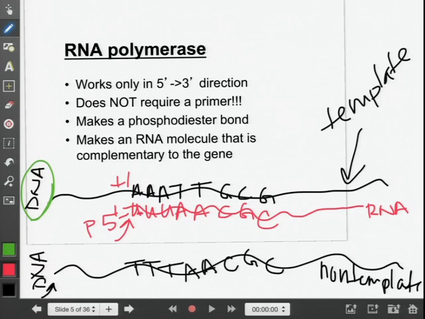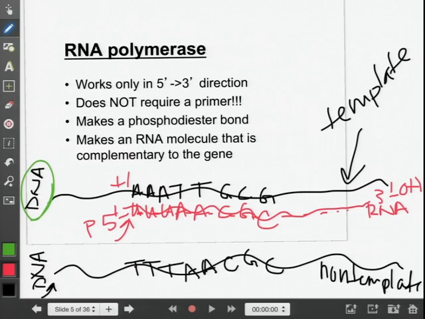Right, phosphodiester bond here, here, here, here. We'll pretend like there's other nucleotides here. That means this is the 3' OH hanging off, the very last one. Because polymerases can only add to 3' ends, synthesis goes 5' to 3' of the new strand.